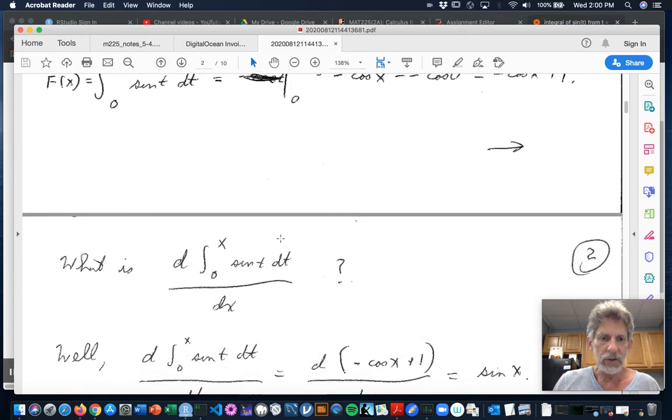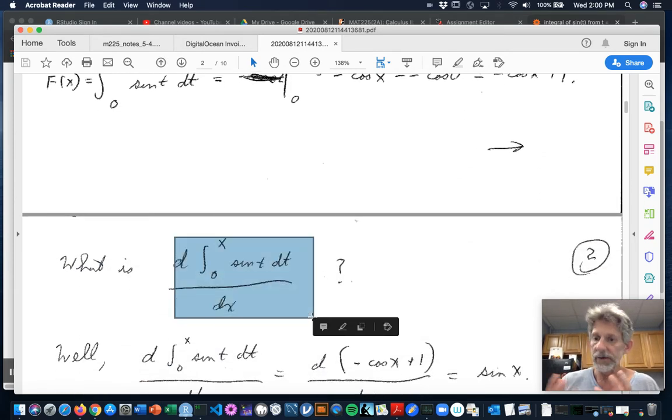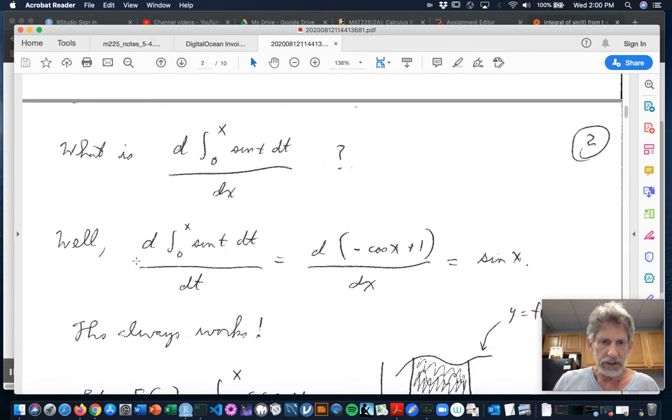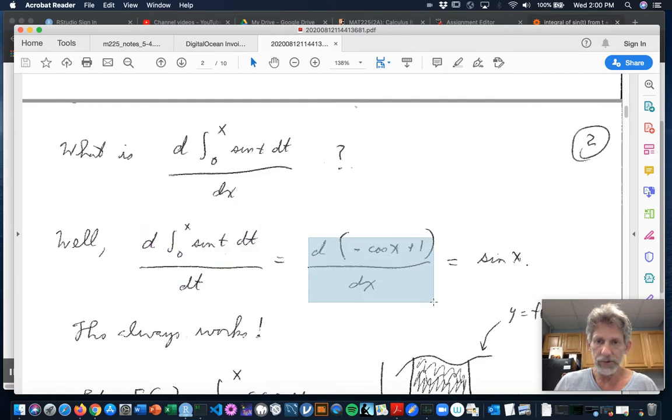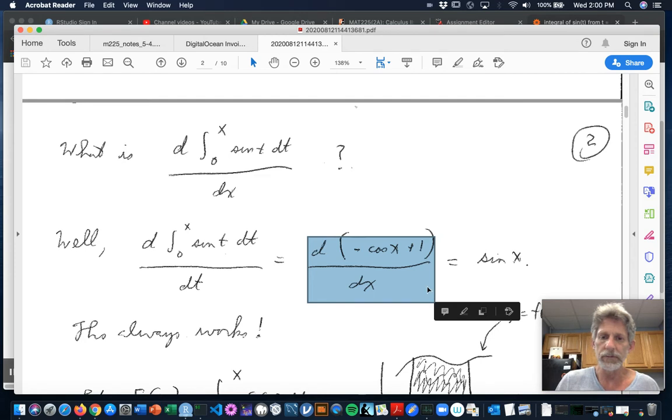I'm curious, what's the derivative of capital F of x? What is the derivative of this area under the curve function with respect to x? Well, it's not hard to find this time. The derivative would be the derivative of minus cosine x plus 1.